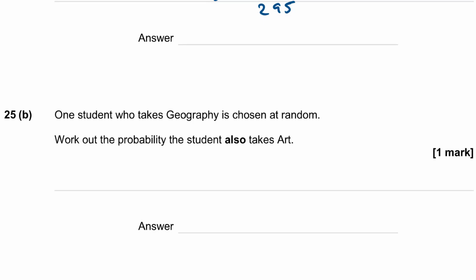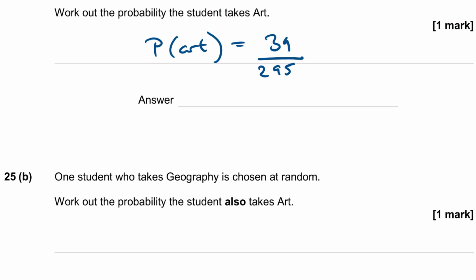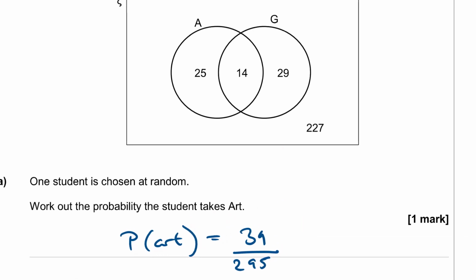So one student who takes geography is chosen at random. Work out the probability that the student also takes art. Okay, so this time, this is conditional probability. We are drawing our student from this group here only, which totals 14 plus 29, which is 43.